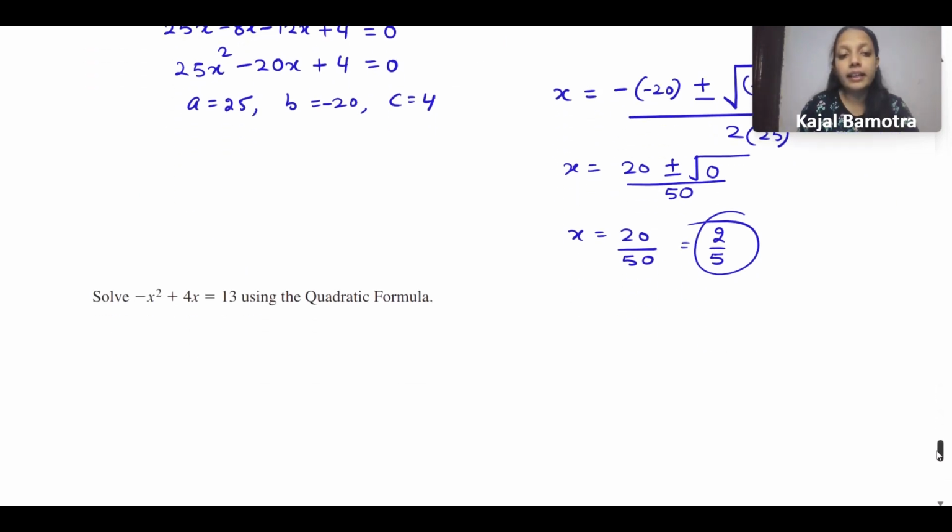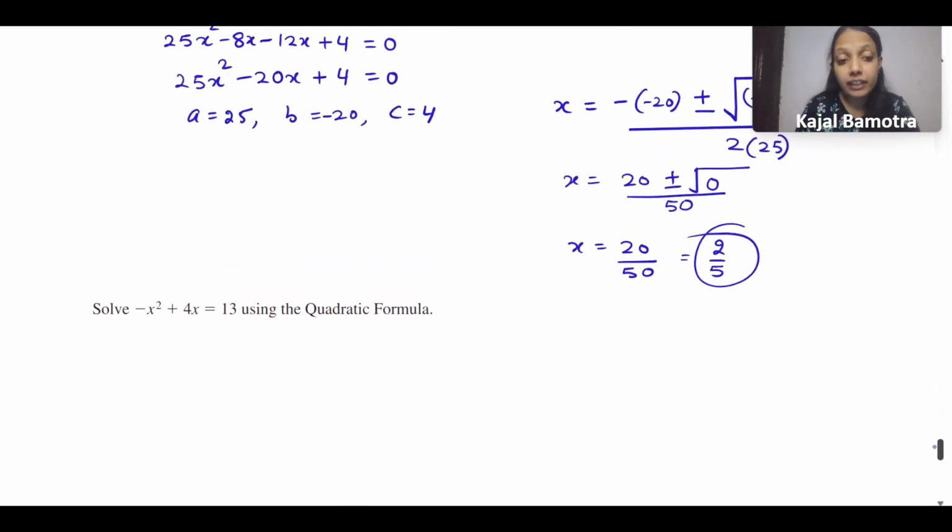Okay. Next. Solve negative x square plus 4x equals 13 using the quadratic formula. So I'm shifting everything to the left side.